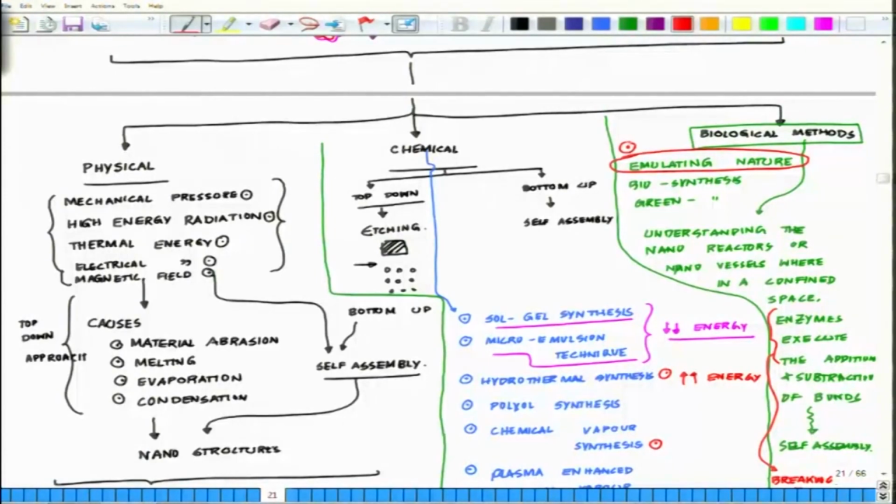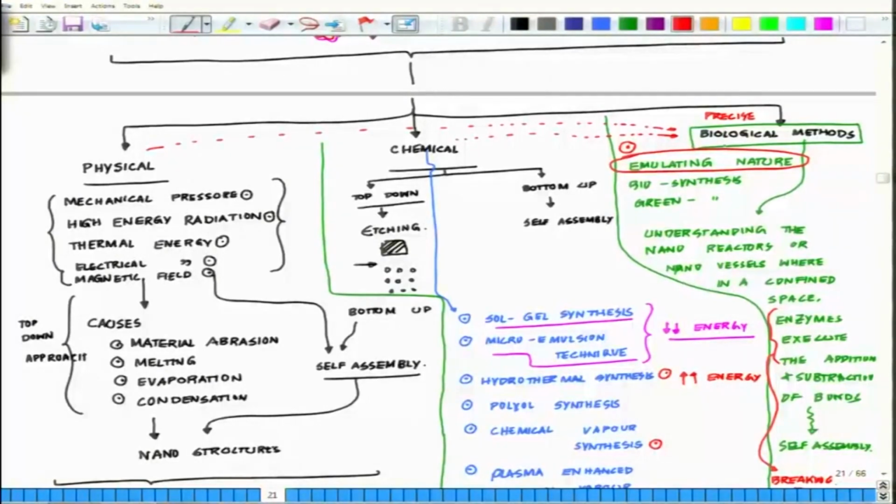Emulating nature, the way nature does. And if we understand nature, the way it does it, then one day probably much of these techniques will merge towards biological techniques, which will be much more precise. It's a very precise route.